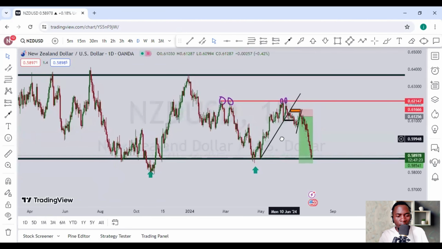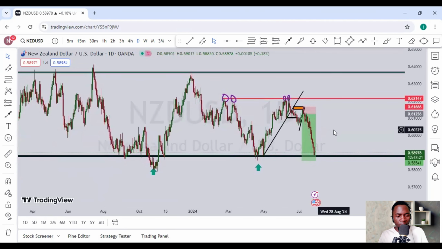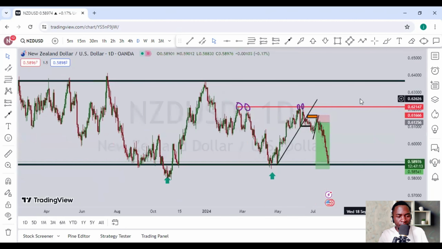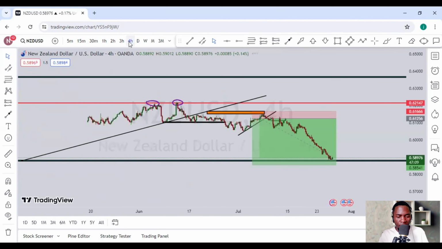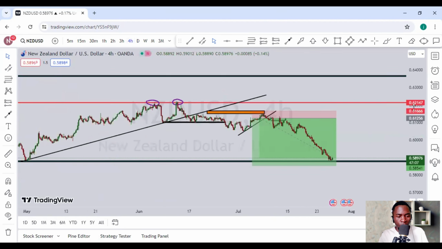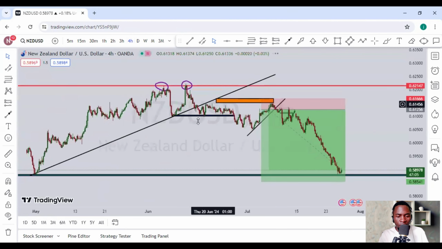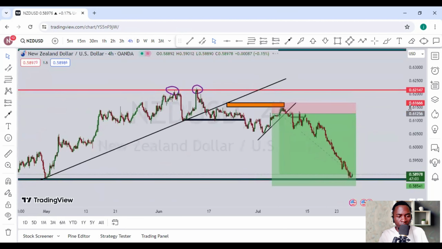After I analyzed it, I predicted that the market was going to sell. That was the immediate move before buying. And the market went straight and performed exactly the way I talked about. This is what happened.